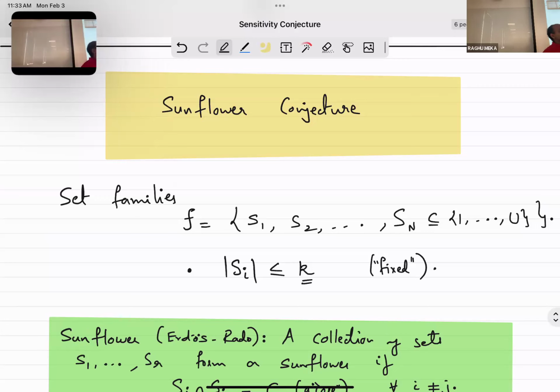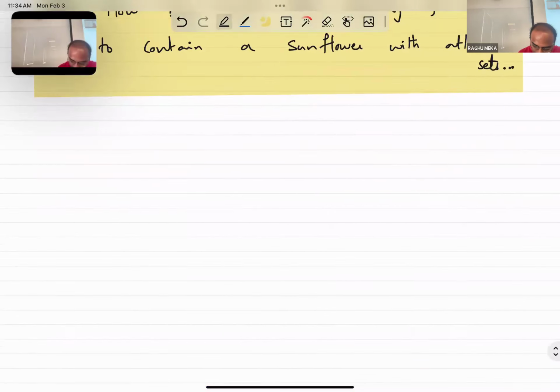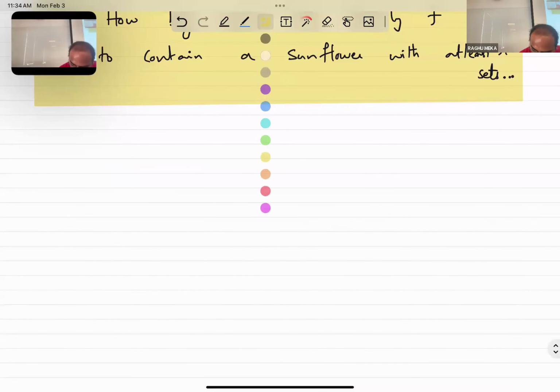As long as I'm picking sets of size 10, you want to say, if you pick more than, let's say, 1,000 sets, you are going to see a sunflower of a certain size and so on. Okay, that's the kind of statement we're shooting for. And the first such statement was actually shown by Erdős and Rado themselves.